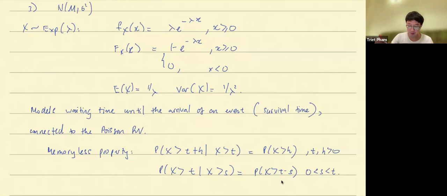A lot of us will feel strange about that conclusion. At least I would expect my old laptop is more likely to fail than a new laptop, so the chance of it surviving the next 3 months is smaller. If you think of it that way, there's nothing wrong with that. But what that means is if that's really what you want to capture, then exponential is not the model you should use.